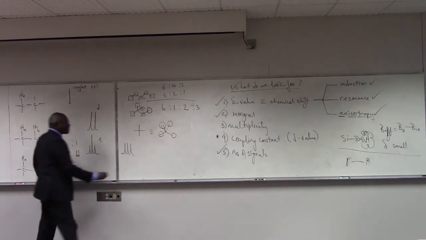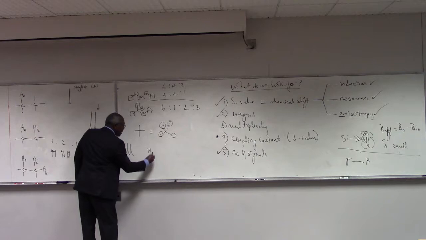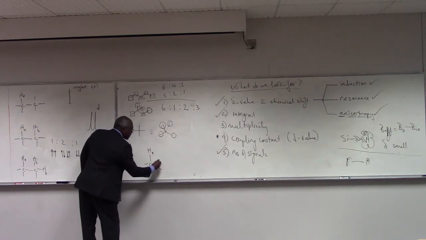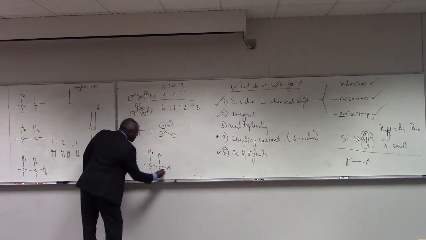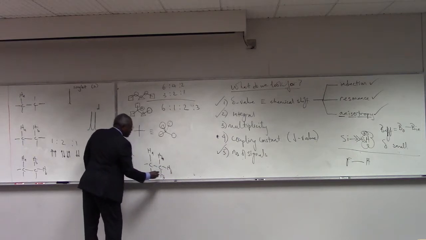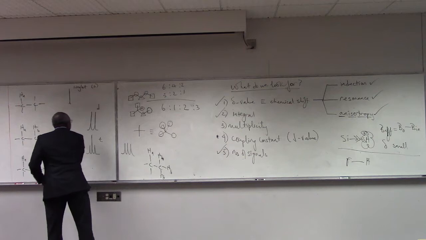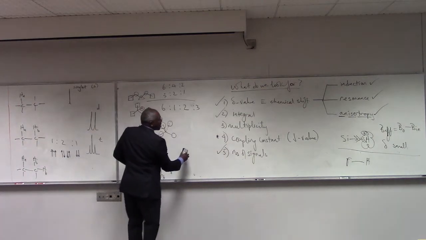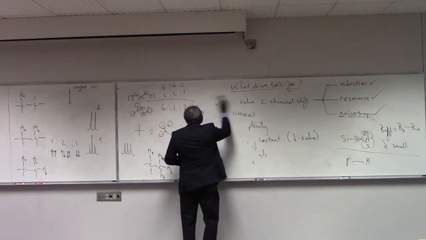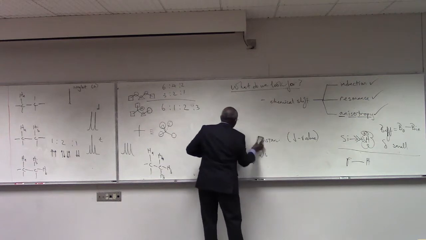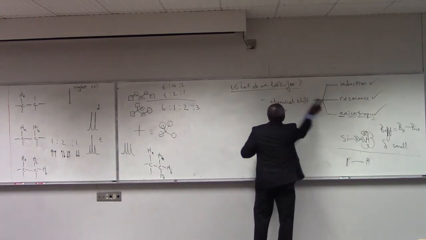What if I had HA, but there were 3 H's on the adjacent carbon? So 3 HBs. Well, what are my possibilities? My possibilities are that all 3 would be aligned with the field.